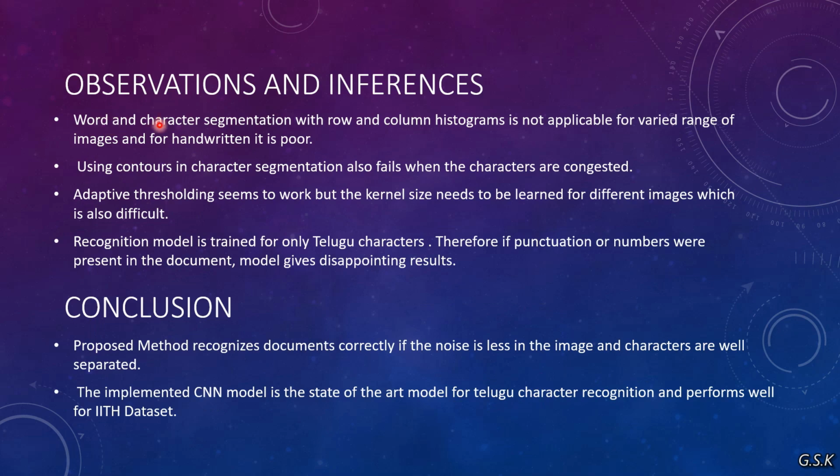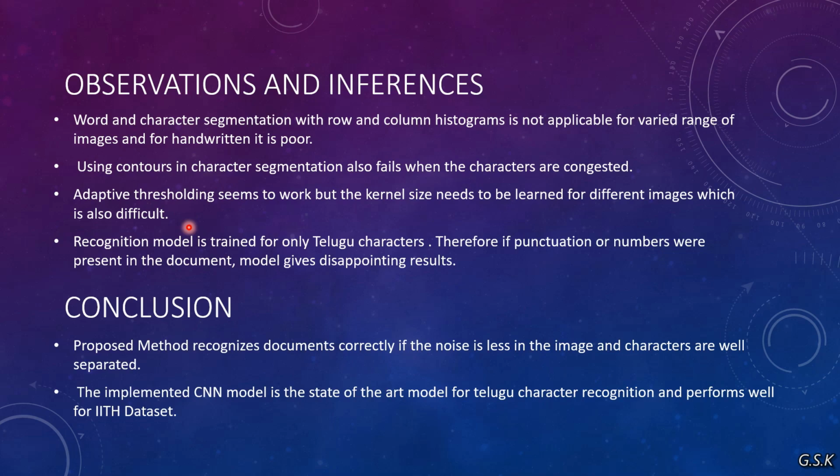Word segmentation and character segmentation with row and column histograms is not applicable for a varied range of images, and for handwritten text we can't just do it this way. We also tried using contours in character segmentation, which also fails when the characters are too closely spaced or congested. We also tried adaptive thresholding, which seems to work, but the kernel size has to be learned for different images, which is also difficult.